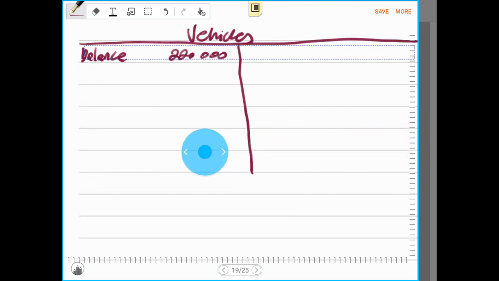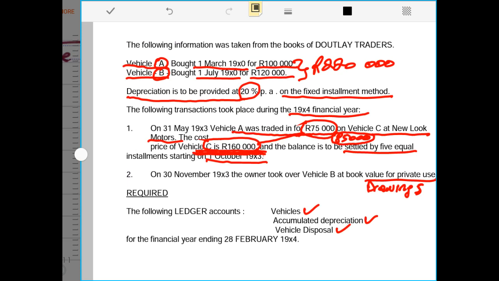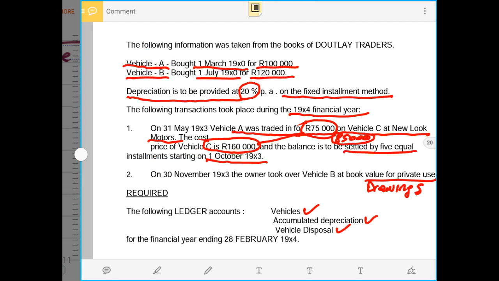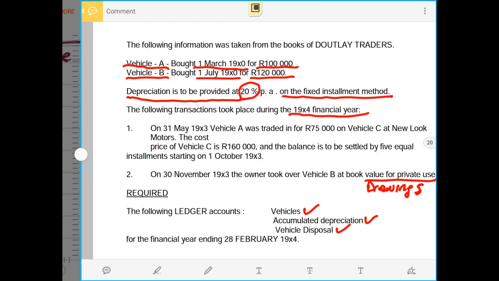We were told that motor vehicle A was traded in. That means we gave away motor vehicle A at the value of 75,000 rands, as you can see sitting there. Here we have 75,000 rands for motor vehicle A that was traded in, but we don't record this in the asset account because it is the value at which the asset was traded in.